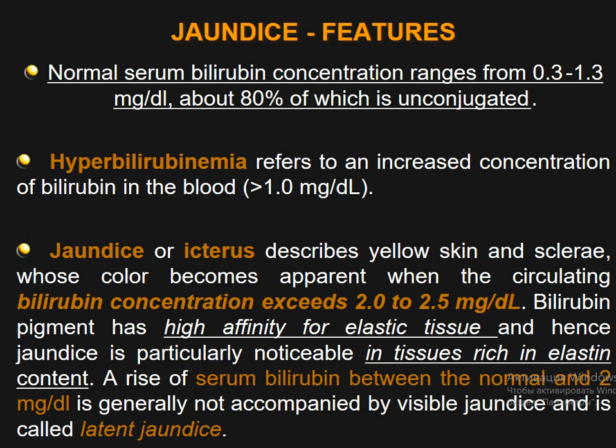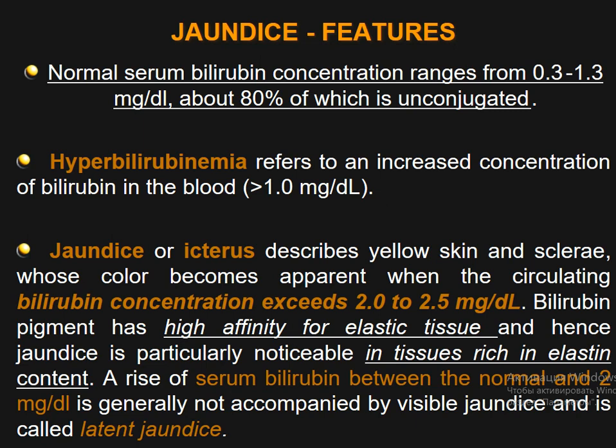And first of all, is jaundice. Normal serum bilirubin concentration ranges from 0.3 to 1.3 milligram per deciliter, about 80% of which is unconjugated.